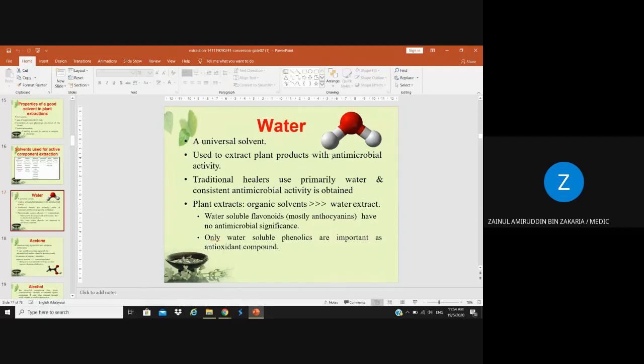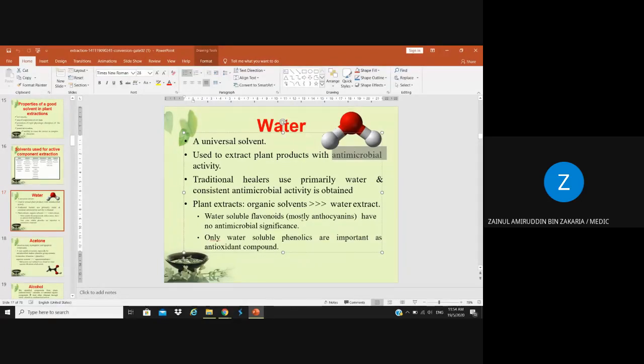If you are working with antimicrobial activity, water is the best solvent to isolate the bioactive compounds, because mostly water soluble flavonoids or anthocyanins don't have antimicrobial significance. So you don't want to isolate this kind of compound. You want to isolate water soluble phenolics that have antioxidant activity.